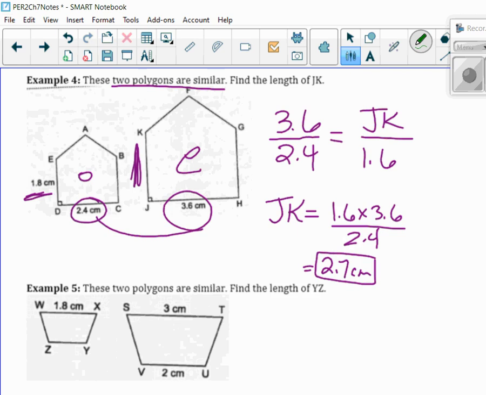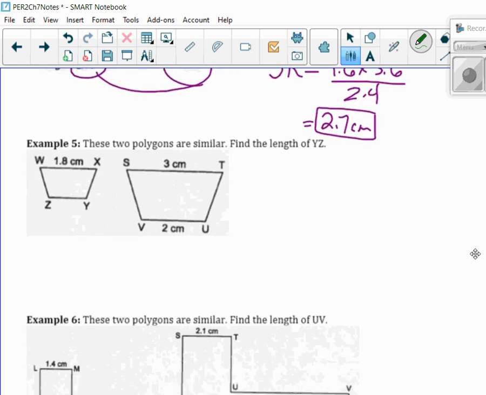All right, let's keep going. Set up these proportions. It's saying they're similar. That means they have the same scale factor, which means you can set this up again. Here's the enlargement, here's my original. This corresponds with this, and this side right here would correspond with this side right here.